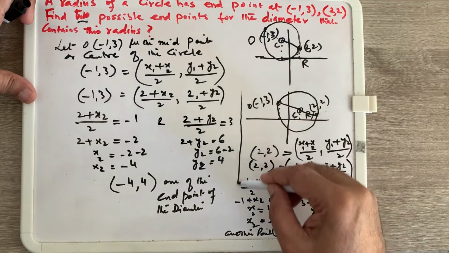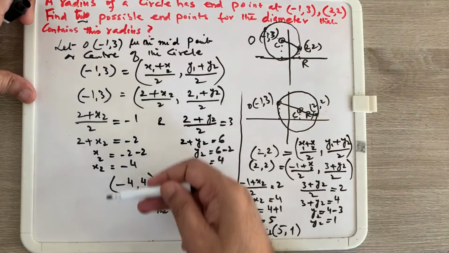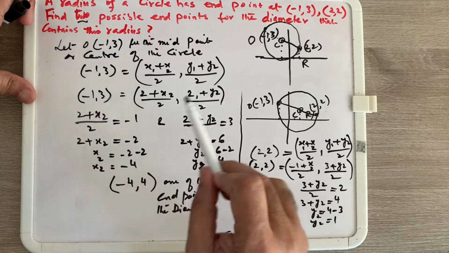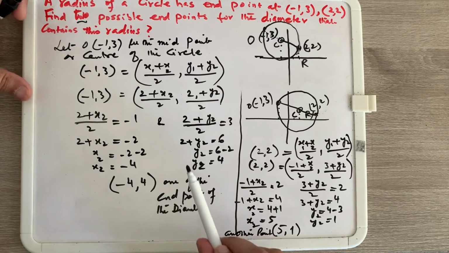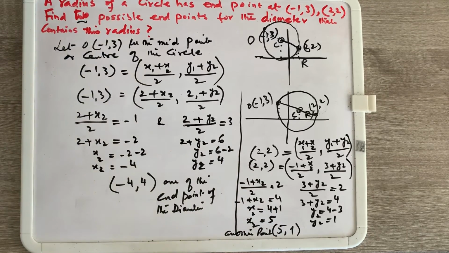One solution for picture 1, which is here, where we are supposing that minus 1 and 3 is the midpoint or the center of the circle. When we say midpoint of the diameter, that means the center of the circle. So this way we calculate two endpoints for the diameter that contains that radius.